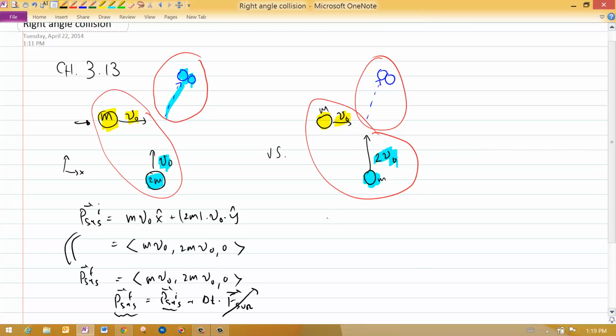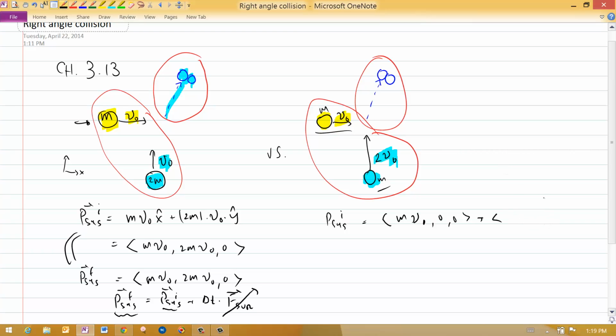Same thing happens over here. The momentum of the system before the collision is equal to m times v0, that is this guy's momentum, 0, comma 0, plus this guy's momentum, where I have a mass m times a speed of 2v0. Oh, I gotta get this correct.